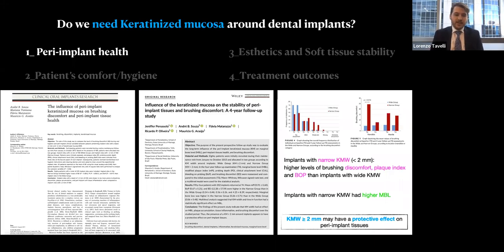They basically demonstrated further the previous findings, in which implants without an adequate amount of keratinized mucosa still had a worse clinical condition, with worse outcomes in terms of patient-reported discomfort, but also higher margin loss when implants had no or a very narrow band of keratinized mucosa. So the authors suggested that having at least 2 millimeters of keratinized mucosa may have a protective effect on peri-implant tissue.